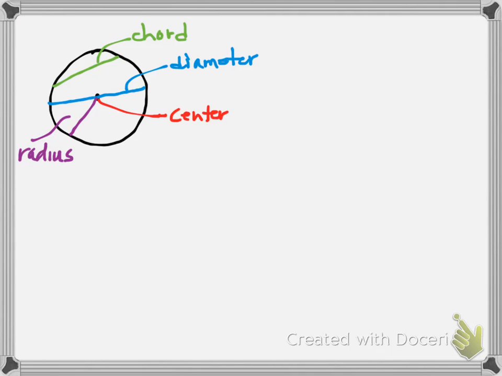If we have a line that passes through the circle, so inside the circle we have a chord, but the whole thing is called a secant. And let's see. If we have a line that intersects the circle at exactly one point, it's called a tangent. And that one point is called the point of tangency.